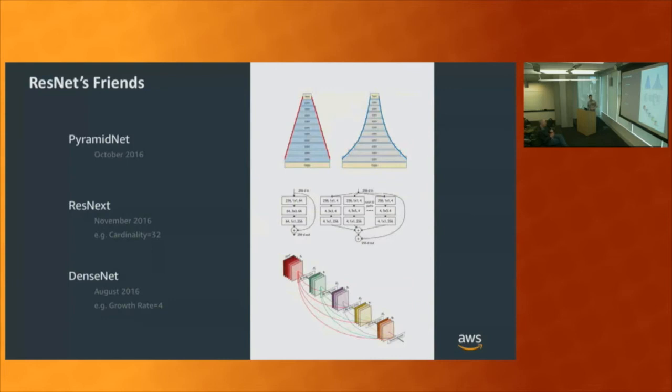And DenseNet was an idea where for every layer, you give it all the preceding feature maps concatenated together. So as you progress through this dense block, you create a very dense network of the feature maps. And you see from the diagram, the last layer has all the preceding feature maps.